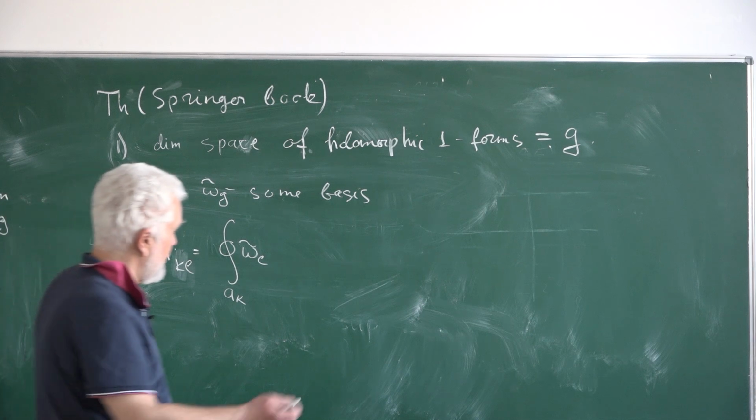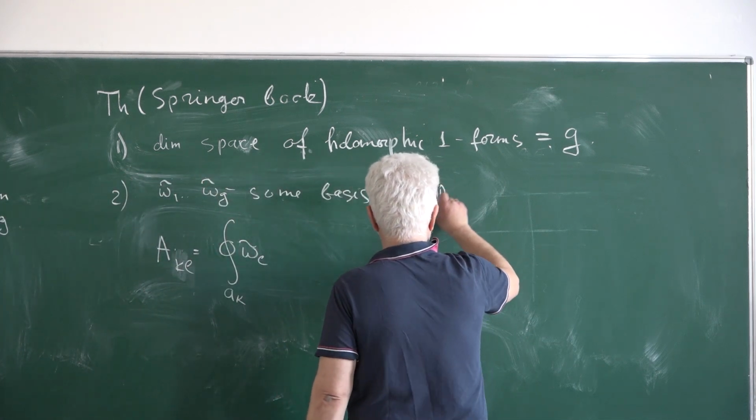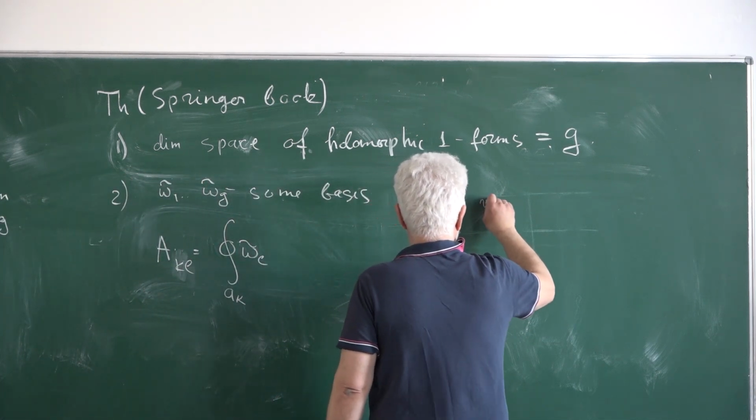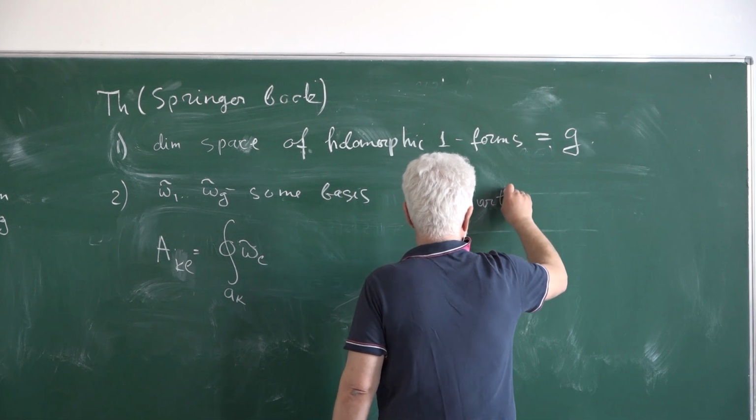Assume that you have a space R^2G with a symplectic form.